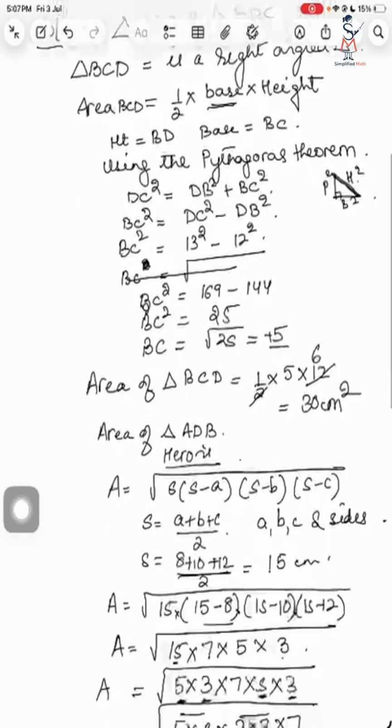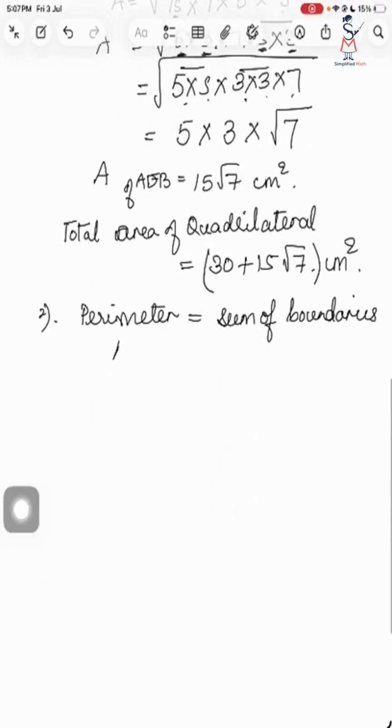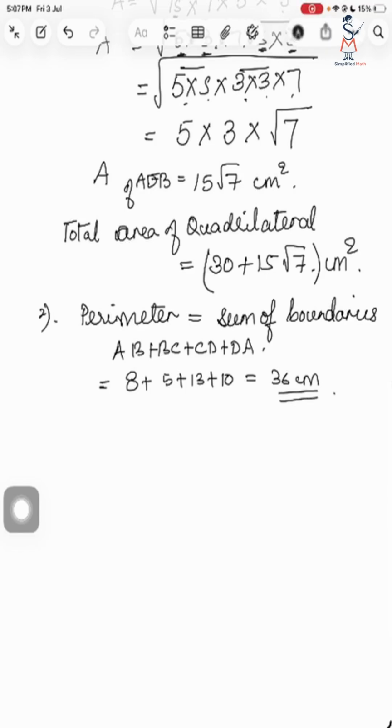So the perimeter will become 8 plus 5 plus 13 plus 10. This comes out to be 36 centimeter. So 36 centimeter is the perimeter and area is 30 plus 15 root 7. So this is your area.